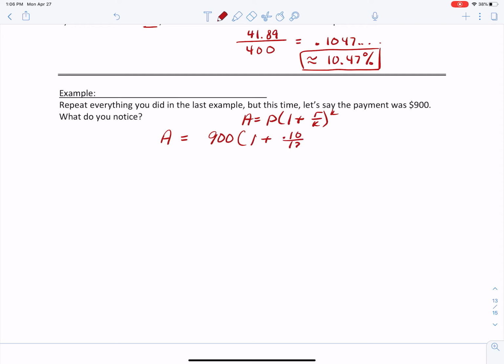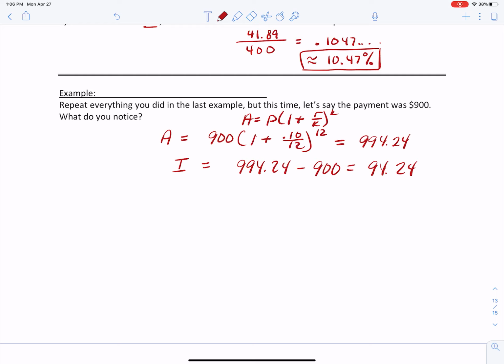So 0.10 over 12 raised to the 12th, and we end up with $994.24. I encourage you to do the calculations along with me. The amount of interest is $994.24. Subtract the original 900. So we paid $94.24 in interest.